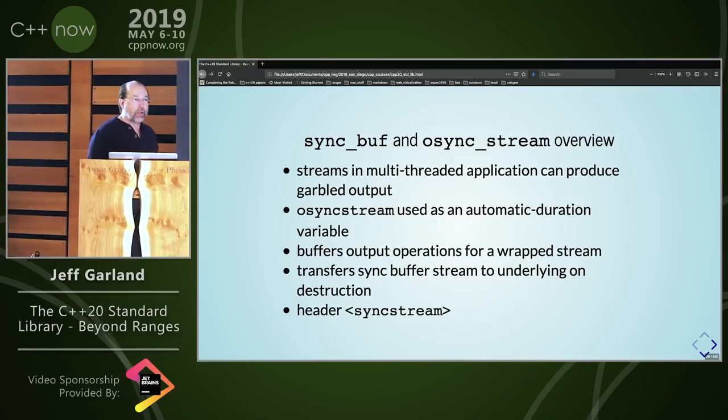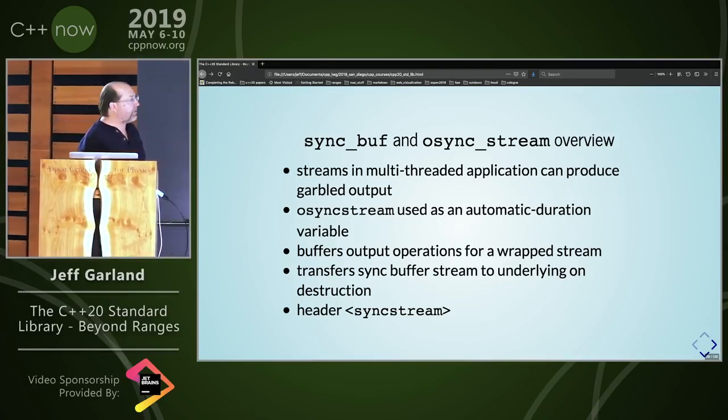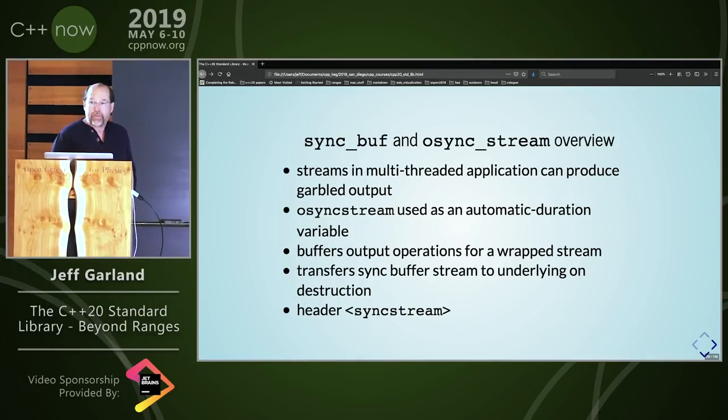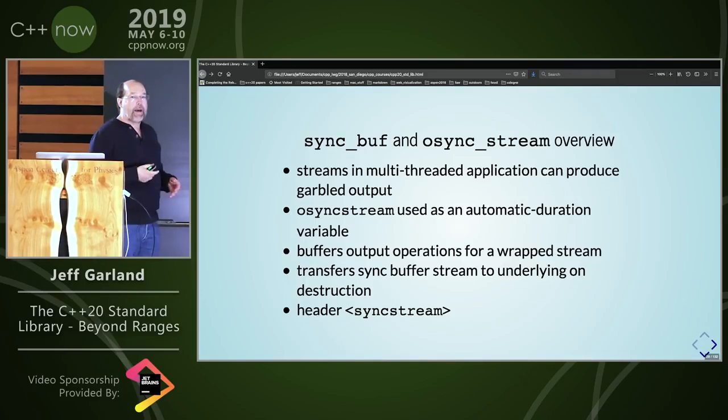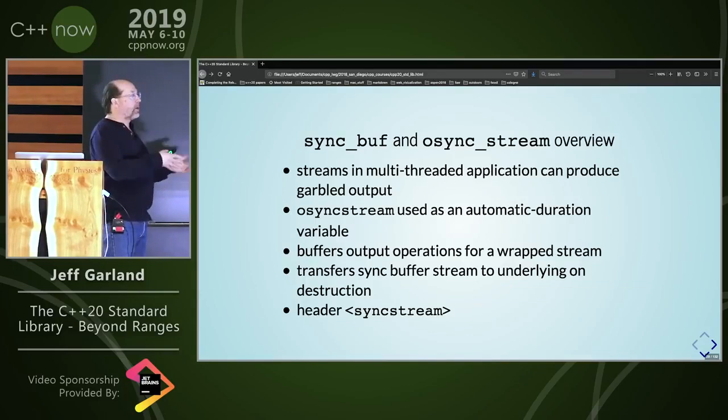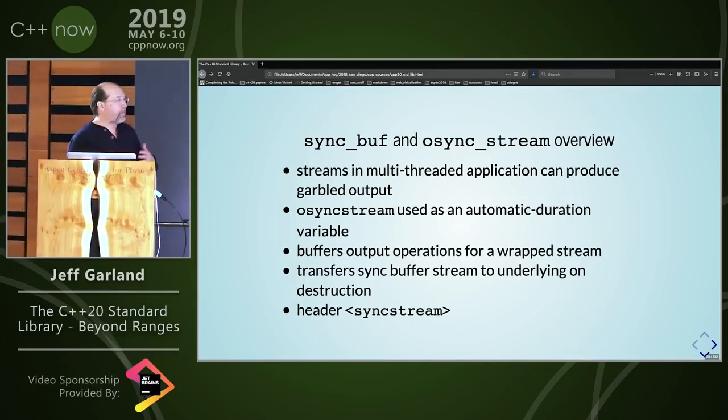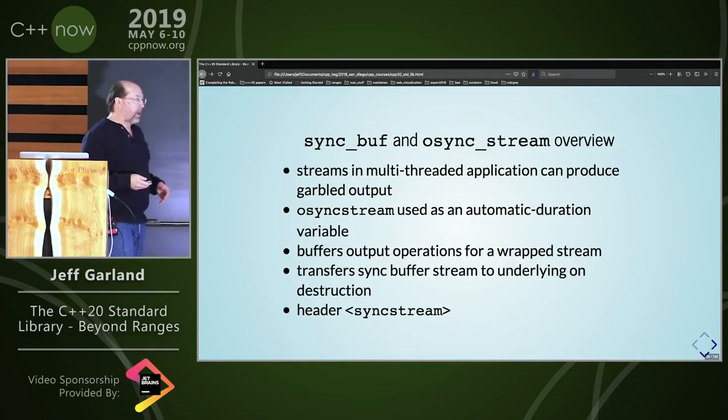They were working on this issue. Many people have run across this issue. There's probably 5, 6, 7 papers associated with what we should do with the library to solve this. So what you're going to see today is the solution that came out, and it allows you to wrap up a stream and have an independent buffer and then synchronize the transfer of that buffer into the underlying stream appropriately.